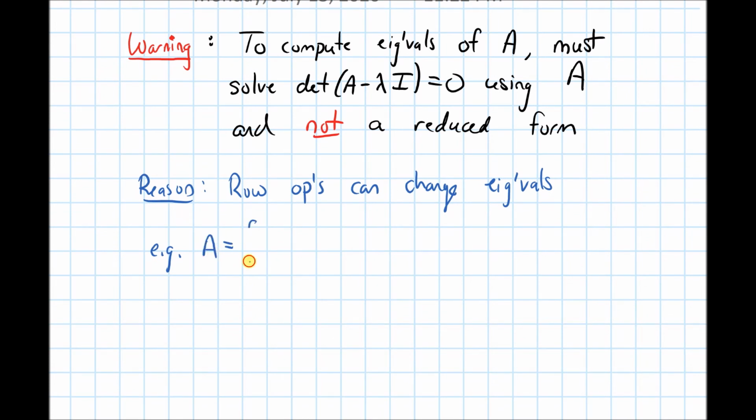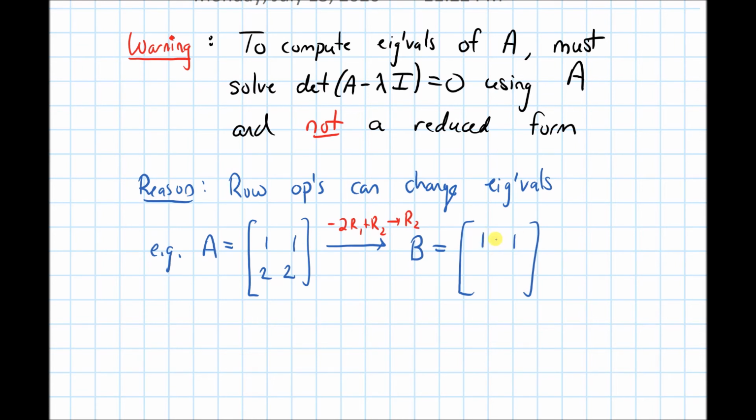Let's say A is the matrix 1, 1, 2, 2, and let's say we row reduced it to a matrix B. To row reduce this, we'd do negative 2 times row 1 added to row 2, and insert that into row 2. That would zero out the second row, so we get 1, 1 and then 0, 0. It's easy to see the eigenvalues of B because B is upper triangular. The eigenvalues of B, which I'll call lambda sub B, are just the diagonal entries, which are 1 and 0.